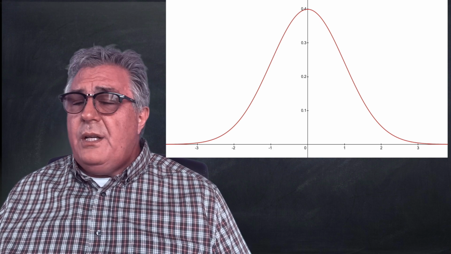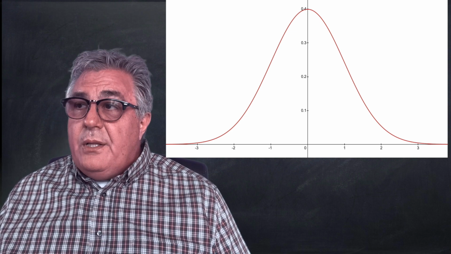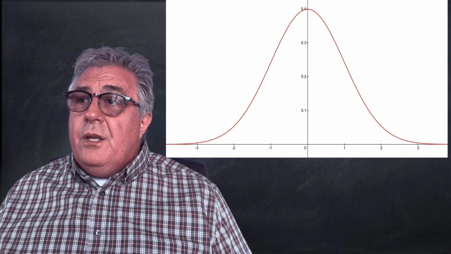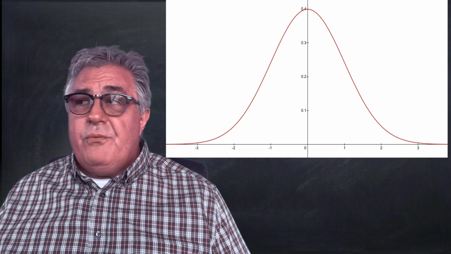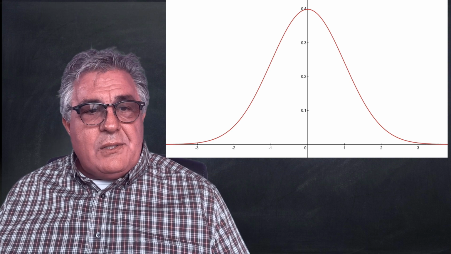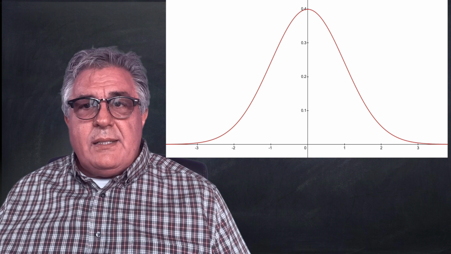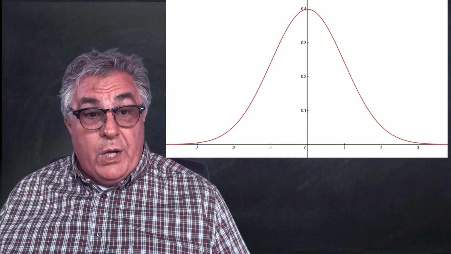That area in there has to be 1. So for those of you that had the calculus course, you would integrate from negative infinity to positive infinity. Remember, that is area. So that total area, since this is a probability density function, has to be 1.